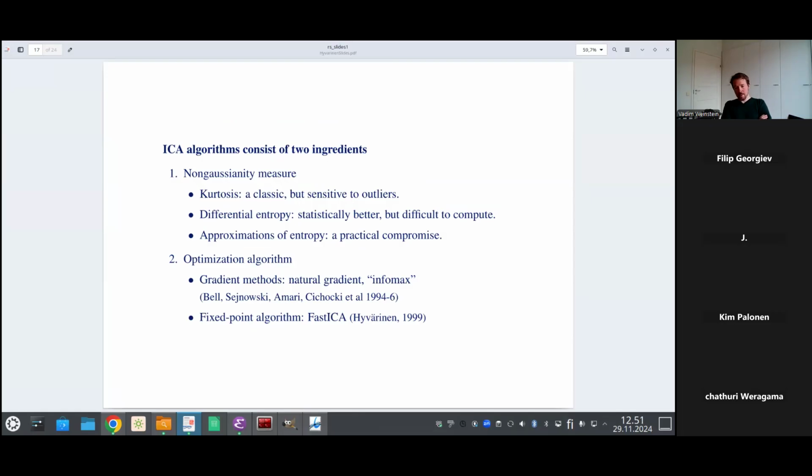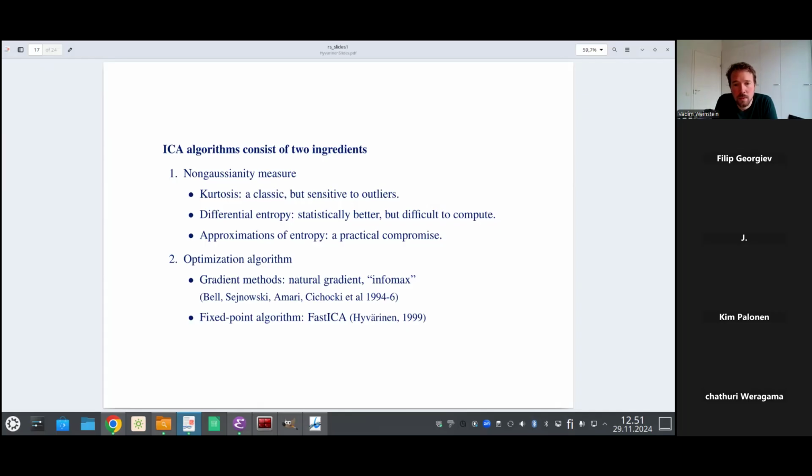And by the way, ICA is not the only place where measuring non-Gaussianity is important. Another measure is called differential entropy. If you look at the book which we have on Moodle, you will see that there are a lot of different methods.